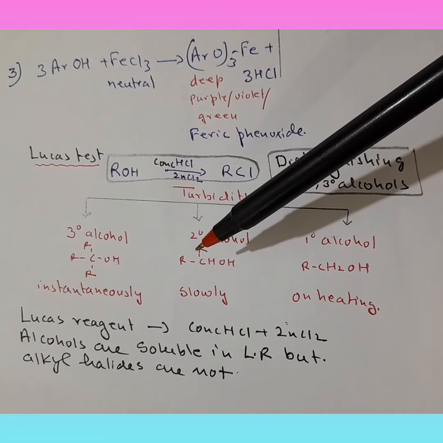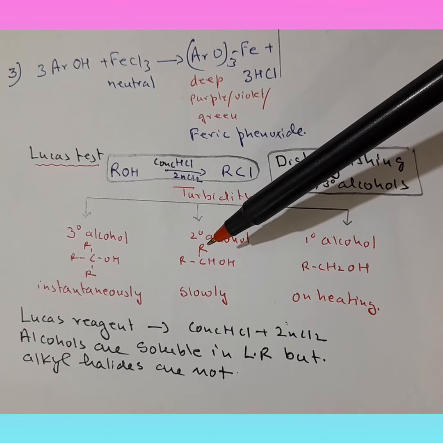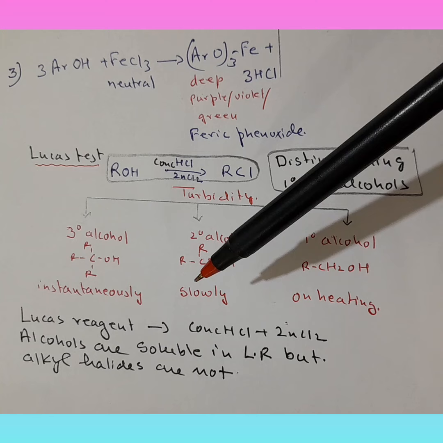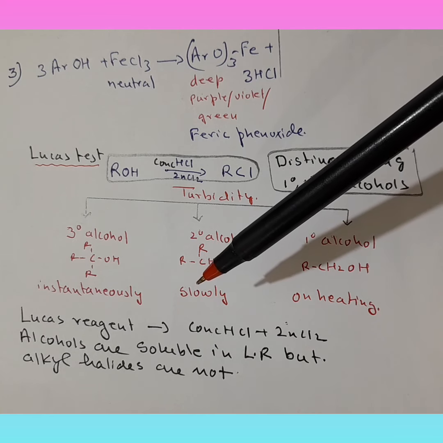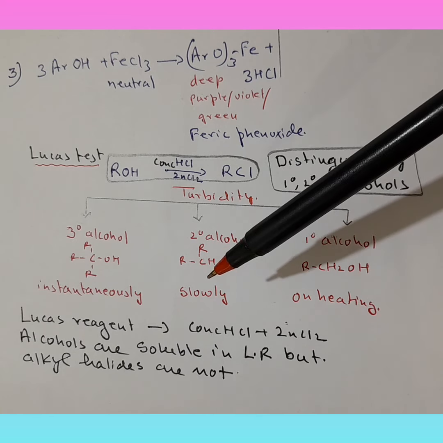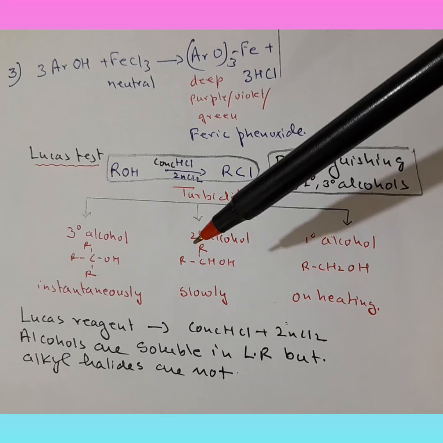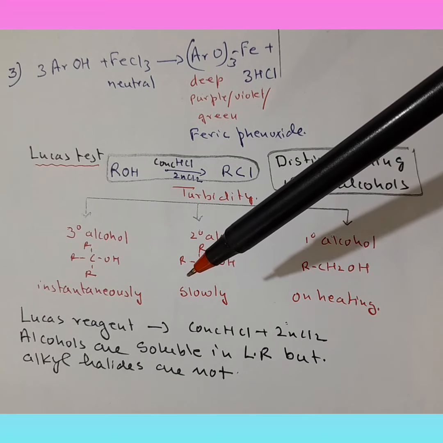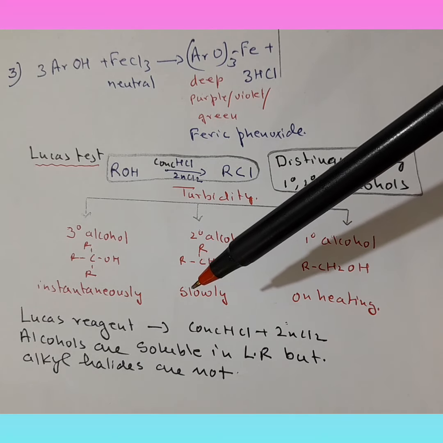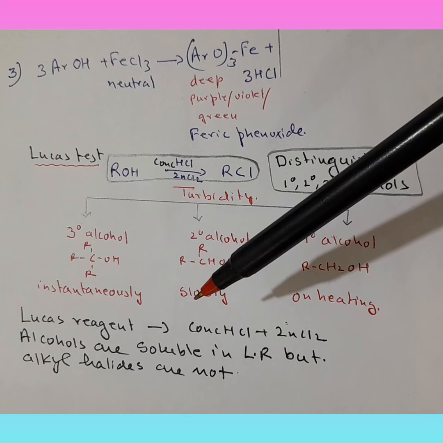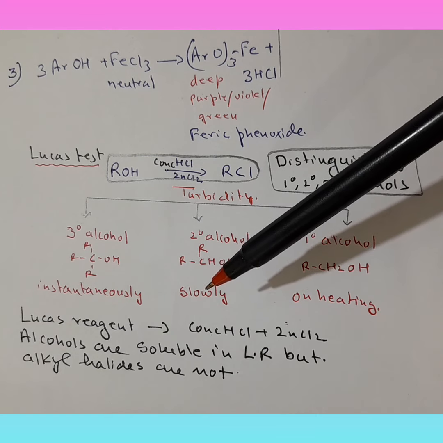As we put it in second test tube, we find that it does not separate out in 2 layers instantly. It separates out but slowly. Alright, you have got to shake it vigorously and then it separates out.